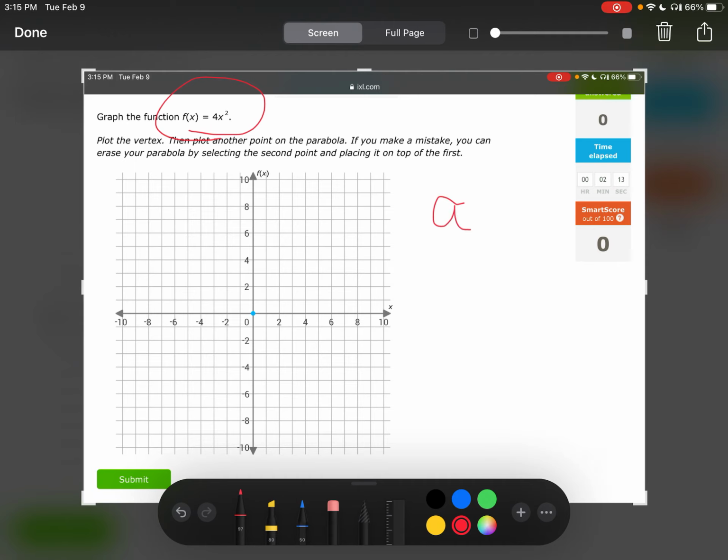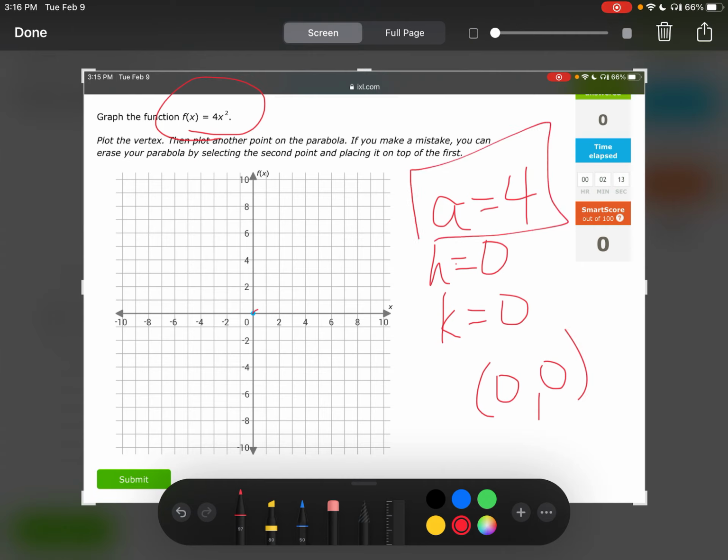So my a here is 4, and my only transformation would be that it has a stretch of 4. So my h is 0, my k is 0, which means my vertex didn't get moved. So I'm going to place a point at 0, 0, and then to use my a trick, I'm going to step to the right one and count my a. So my second point is going to be right there at 1, 4.